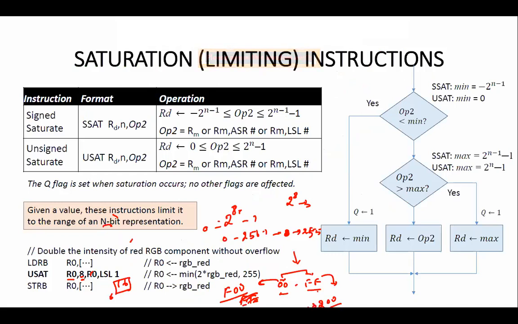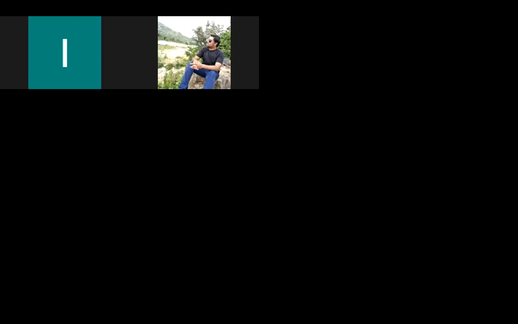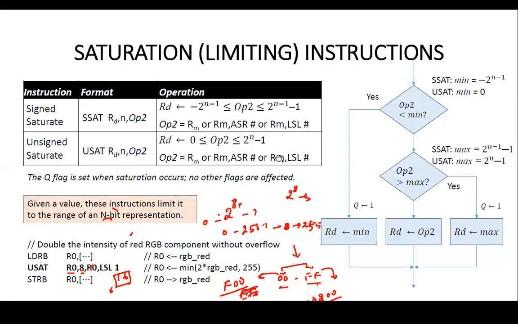Now there are some values and formats that we need to remember. Let's say, for example, the instruction is going to be in this format, which is SSAT, S saturation, Rd, n, operand 2.